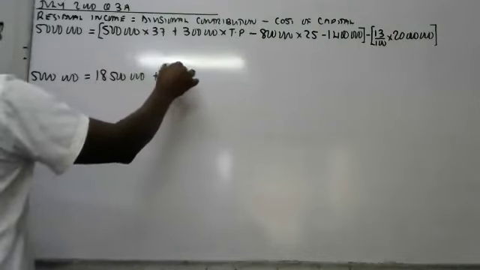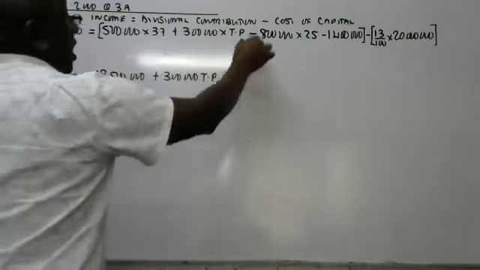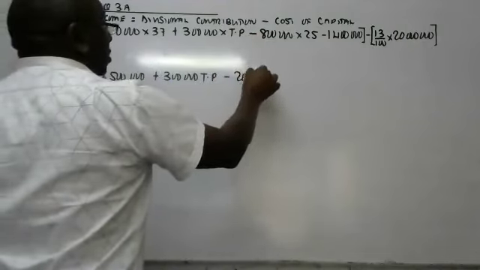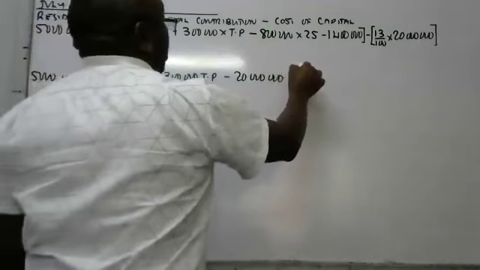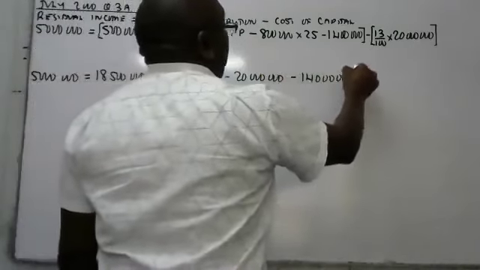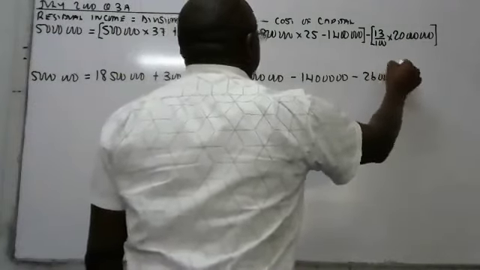Plus 300,000 transfer price. Minus this one, 20 million. Minus 1.4. Minus 2.6 million.